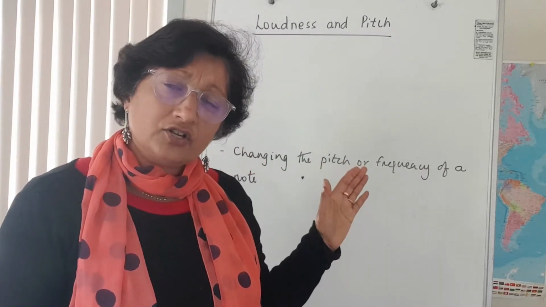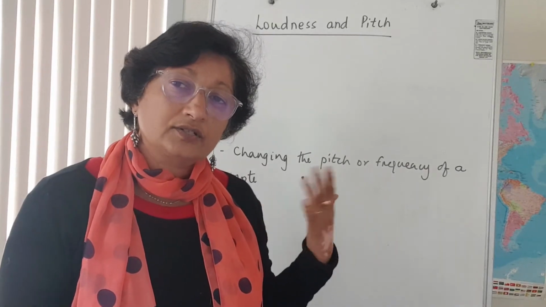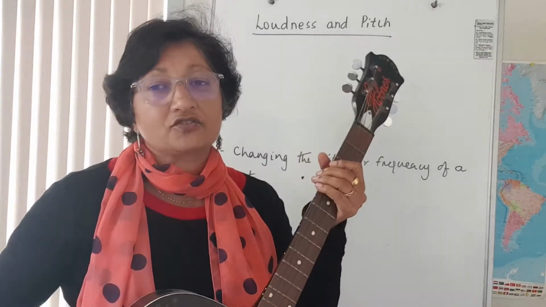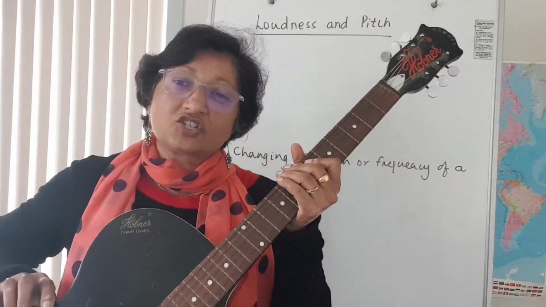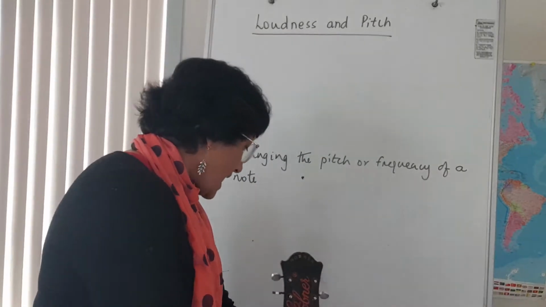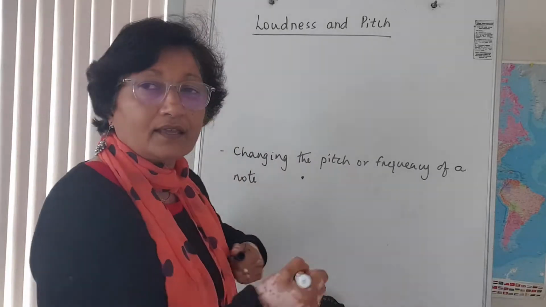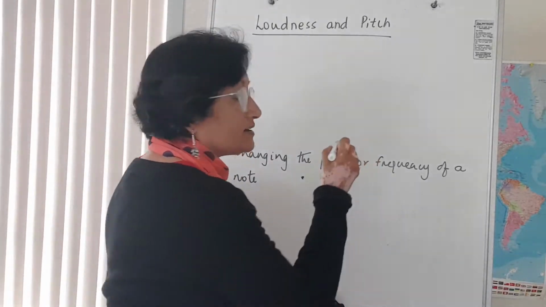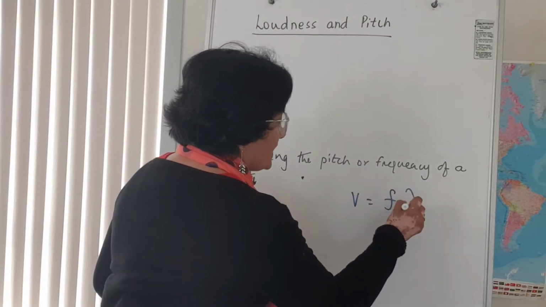So today we're just going to look at how we can change the pitch of a note. How can you get higher notes, lower notes in a musical instrument? Those of you who are familiar with it already know, but we just need to justify why these things happen. And the way we justify this is by thinking of the formula for waves, which is v equals f lambda.